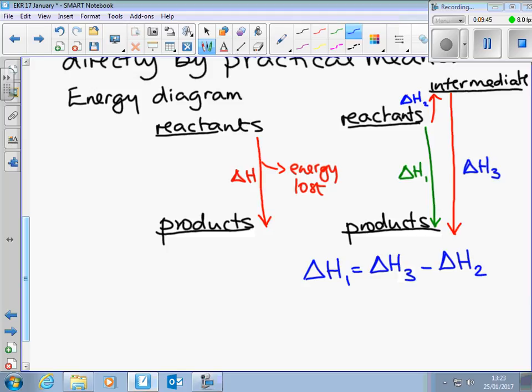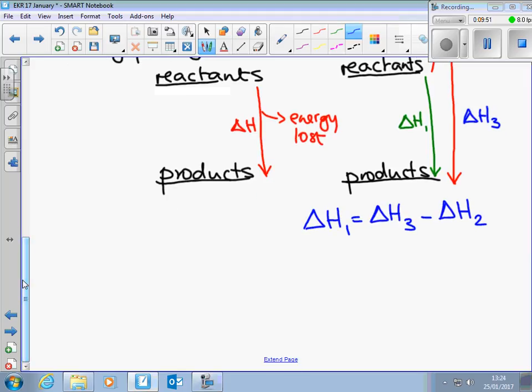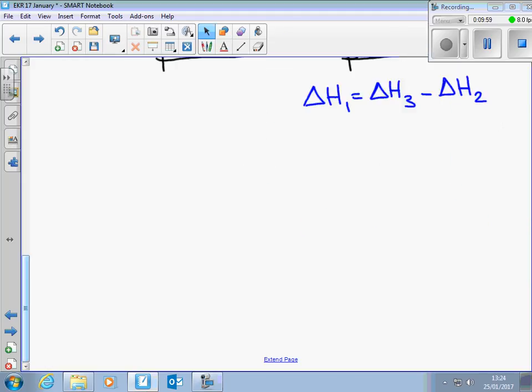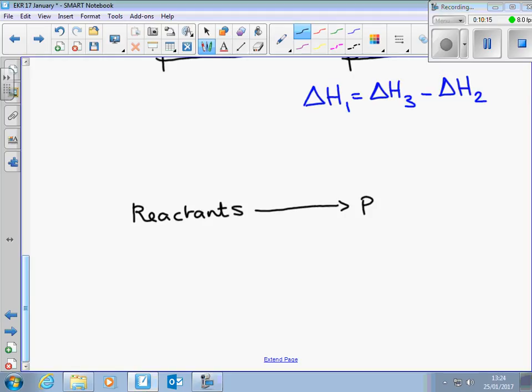Now, what this means is that we've just got two routes. You can express that in a different way, and you'll find in quite a lot of sources an approach that's a little bit different. It's still a standard approach, but it's not using an energy diagram. The usual way you'll see it is if you start with your reactants and you want to get to your products, like an equation.